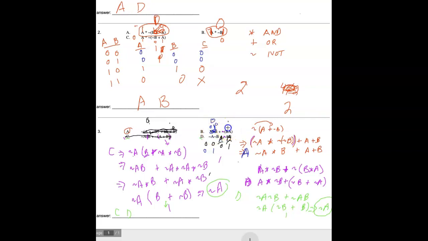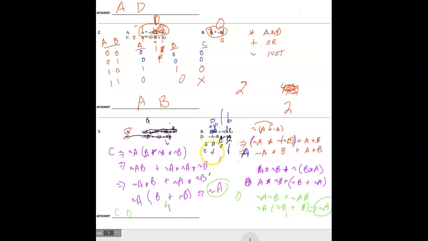Plus, be careful here, the 1 needs to be plugged in for B, the 0 plugged in for A. Anyway, 1 times 0 is overall 0, and the not of that 0 is 1. This 0 plus that 1 is overall 1. So here in this column for B, we get a 1. We get a true, that is.